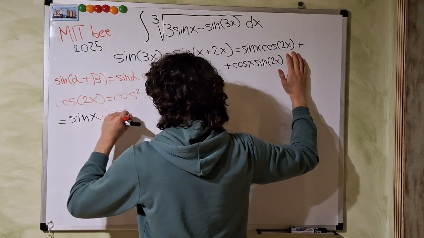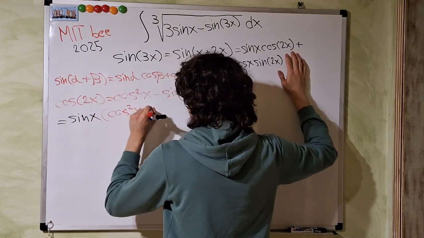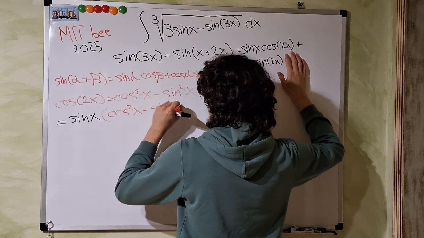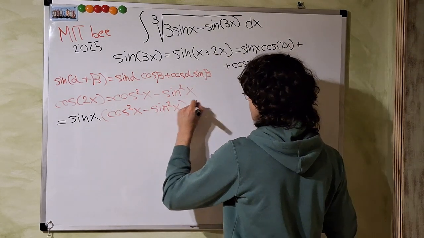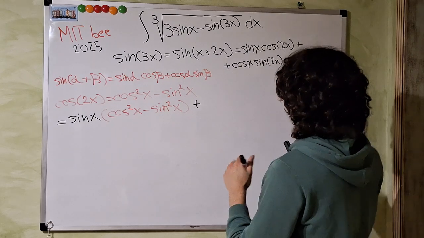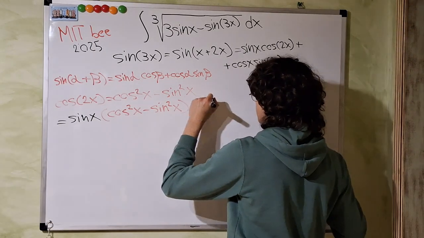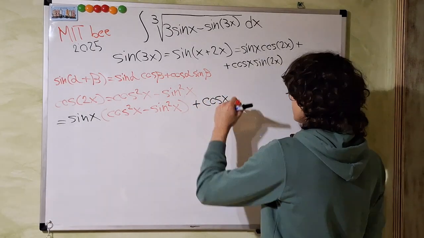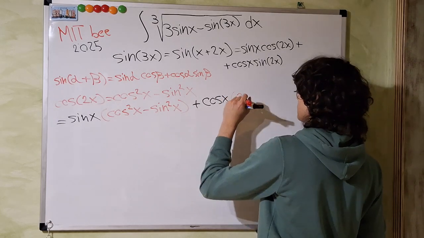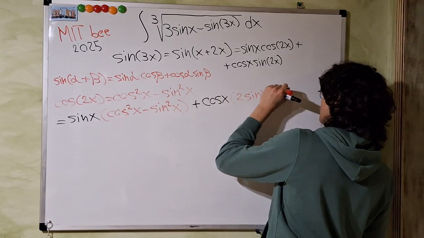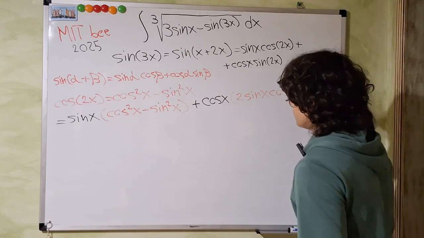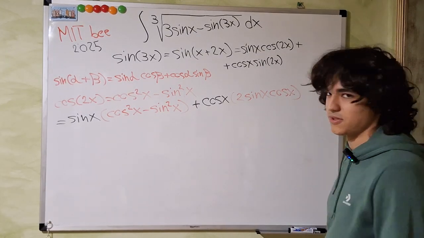So cosine squared of x minus sine squared of x. Then we have to add this term plus cosine of x sine of 2x. So cosine of x and sine of 2x, we said it equals 2 sine of x cosine of x. And it's simple, nothing too crazy.